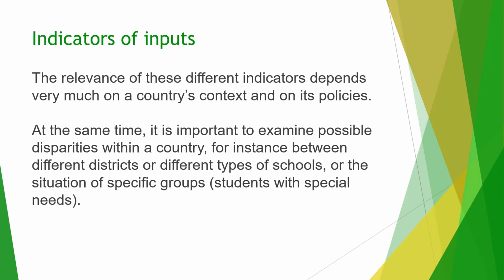So even if the indicators of inputs are relatively straightforward, and even if we may consider that some key inputs are now available to everybody, it is still useful to examine some of these to see if there are significant disparities between schools.